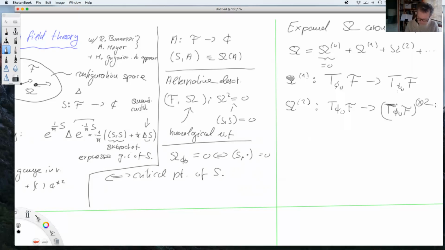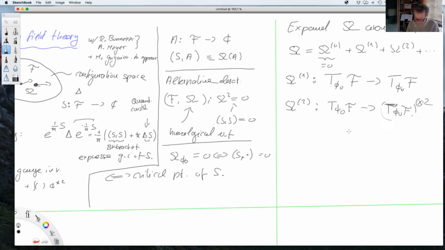Or you can always think of it the other way around, taking the dual version where it maps the tensor product of the tangent space into the tangent space. So that seems to be the structure of this BV theory around the critical point.